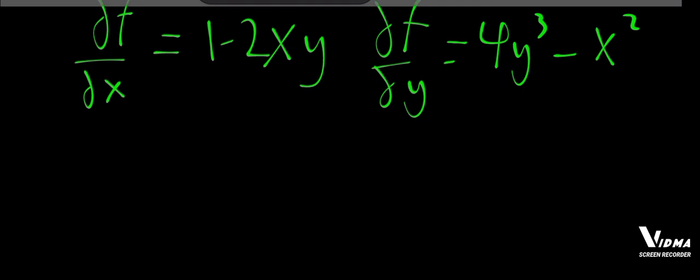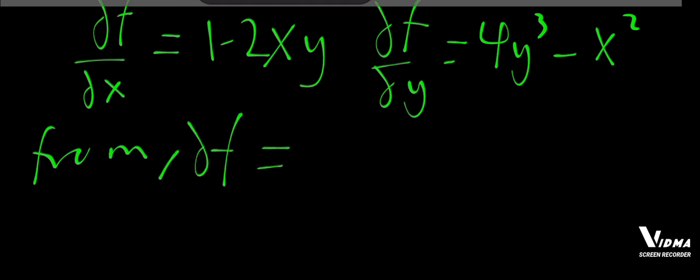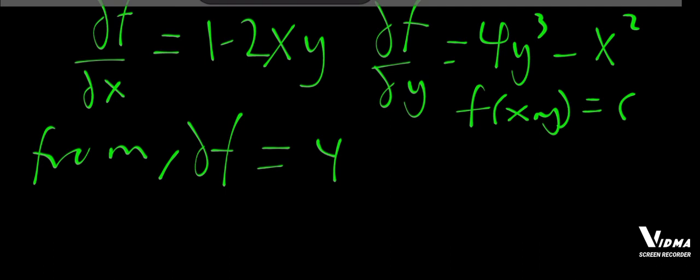So I am going to decide to use my del f del y, because we are trying to find the solution in this form, f(x,y) equal to c. So that's what we are looking for. So del f is equal to (4y cubed minus x squared) dy.